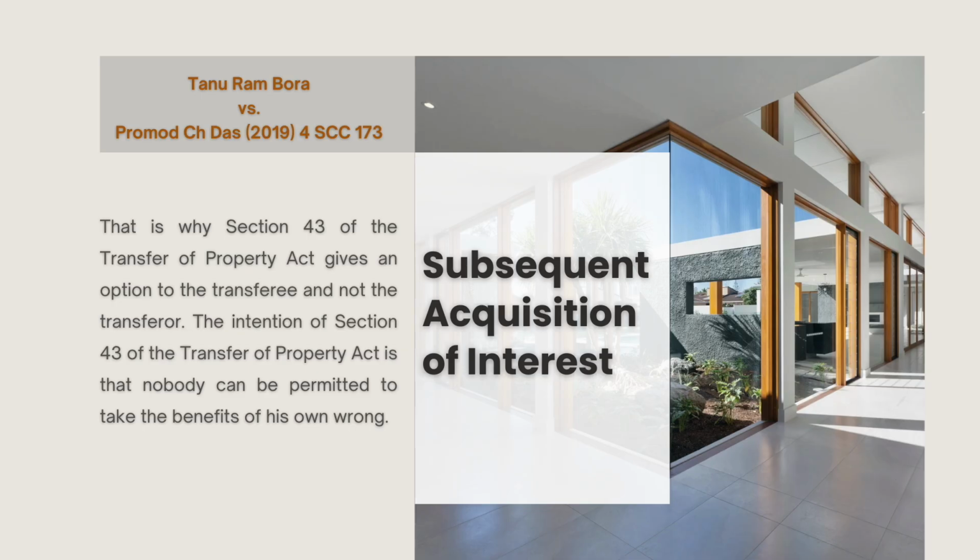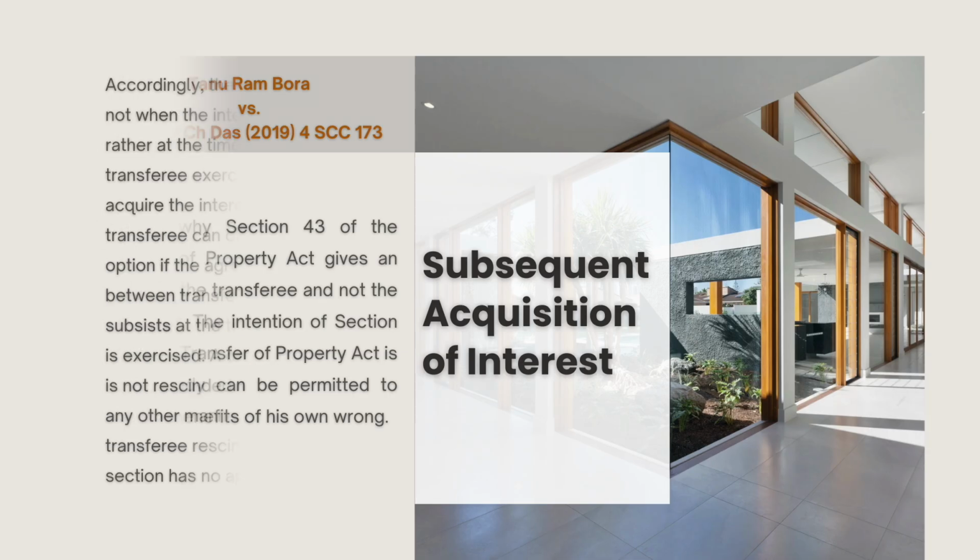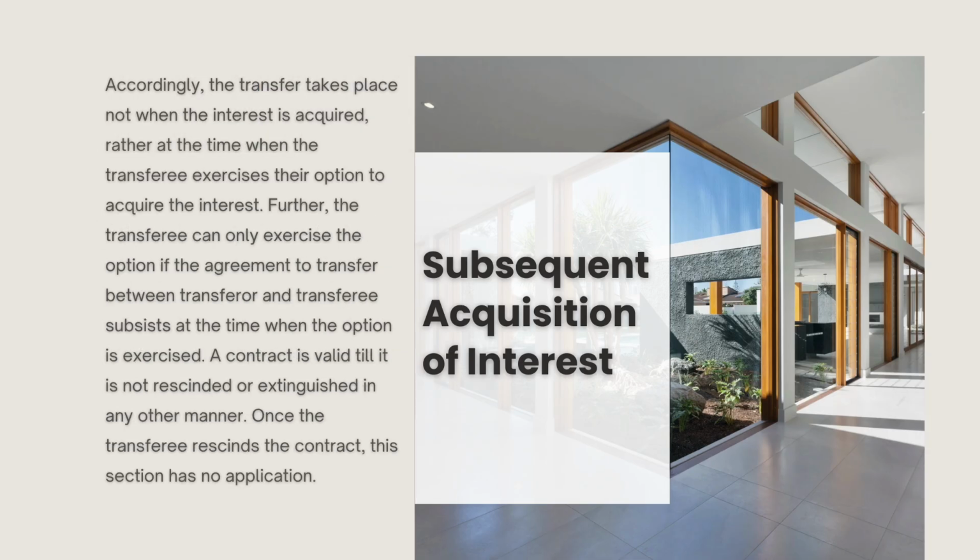That is why Section 43 of the Transfer of Property Act gives an option to the transferee and not to the transferor. The intention of Section 43 is that nobody can be permitted to take the benefit of his own wrong. Accordingly, the transfer takes place not when the interest is acquired, rather at the time when the transferee exercises their option to acquire the interest.